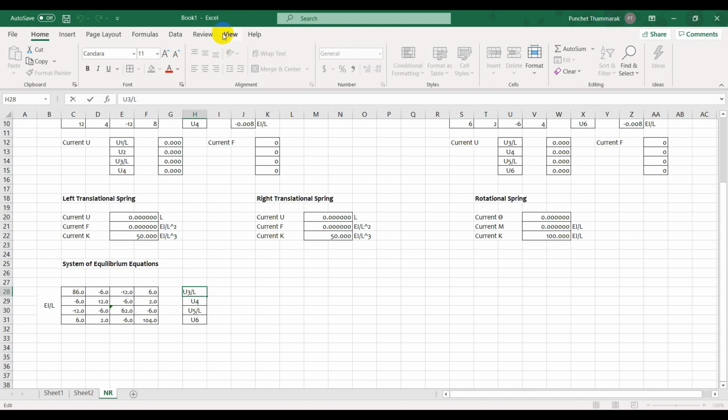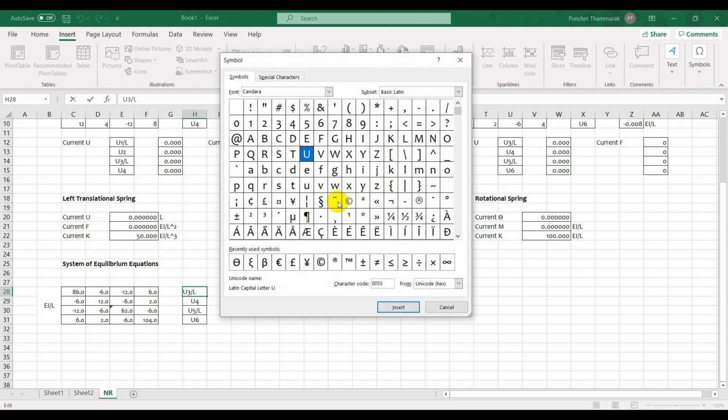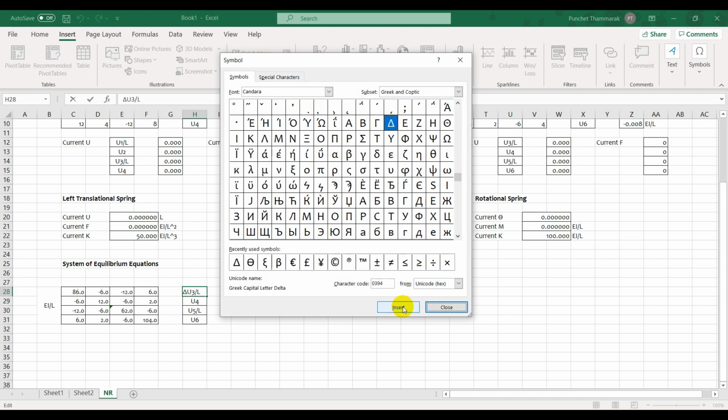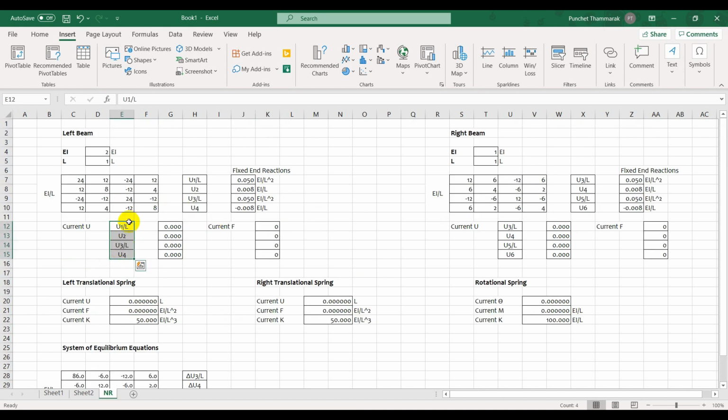So to make it precise, I will change from just U to delta U to be consistent with the node that we developed. But over there, the current U will be used to evaluate the internal forces.